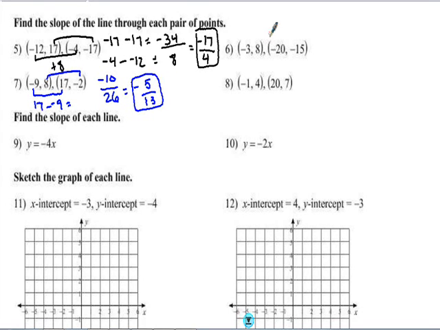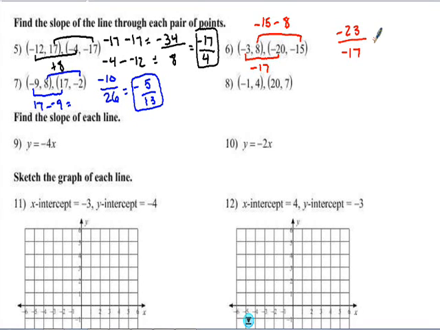Okay, grab a different color. From 8 to negative 15, again, too big. I don't want to try and figure that out. I'll probably mess it up. So negative 15 minus 8 is going to give me negative 23. And then from negative 3 to negative 20, I can figure that one out. That's negative 17.